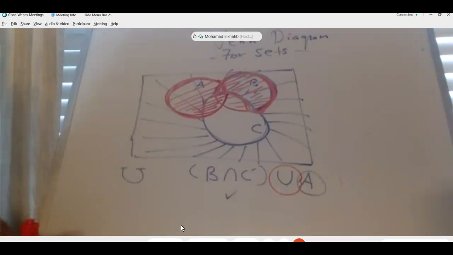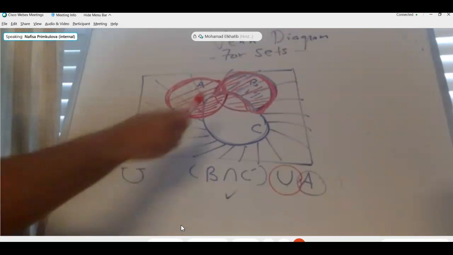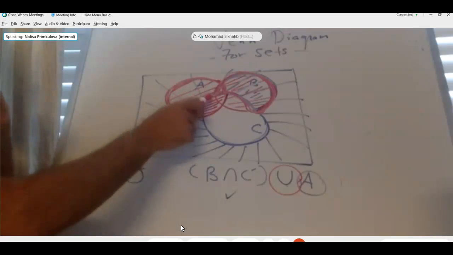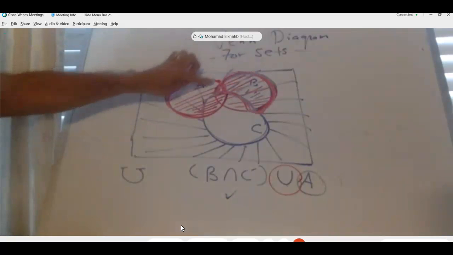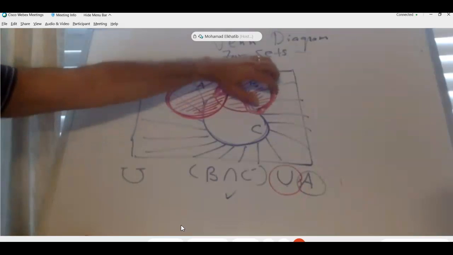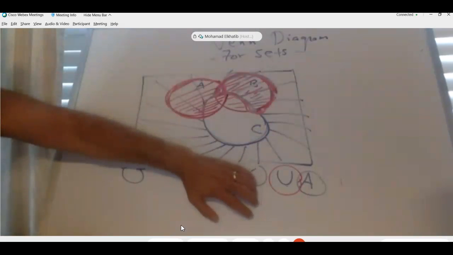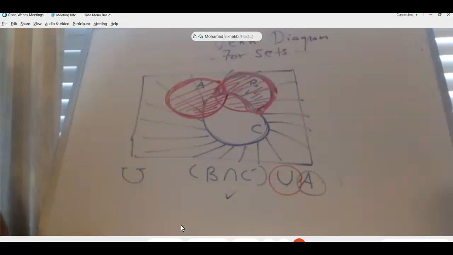So in this case, part of B, you didn't take it, right? Whole A and then part of B. That's correct. Very good. And this part of B that I'm going to keep is this one right here.